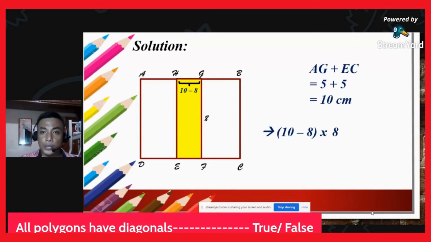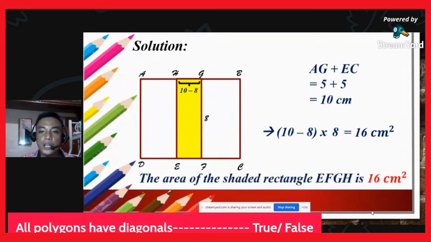Therefore, if you solve this, 10 minus 8 gives us 2, times 8 is equal to 16 square centimeters. Therefore, we can conclude that the area of rectangle EFGH is simply equal to 16 square centimeters.